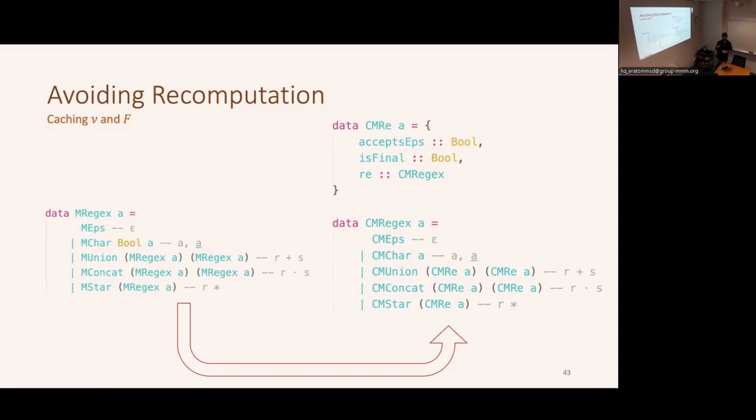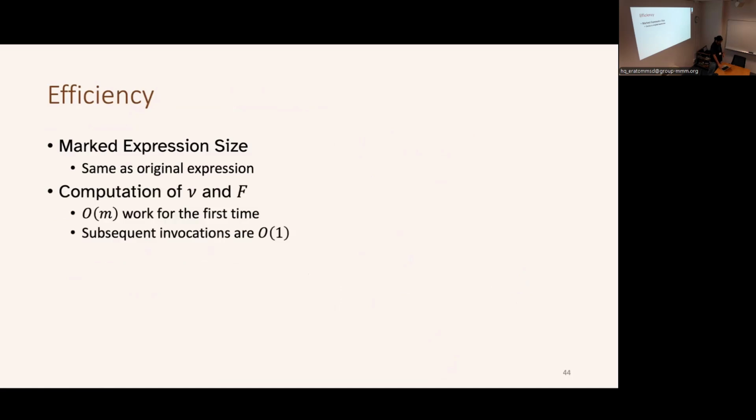If we need the values of new or if, we just compute them once and later we just project out these values. So to summarize efficiency, we have marked regular expressions of the same size as the original expression. Computing new and if for the first time might take linear time to traverse the whole expression, but subsequent invocations take constant time.